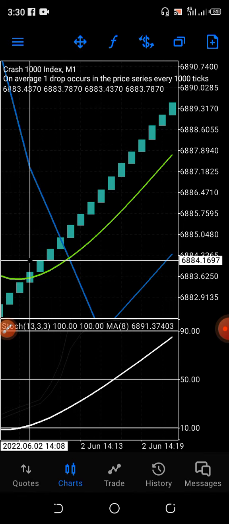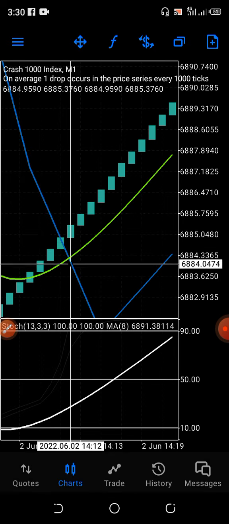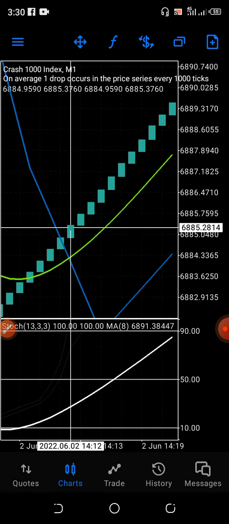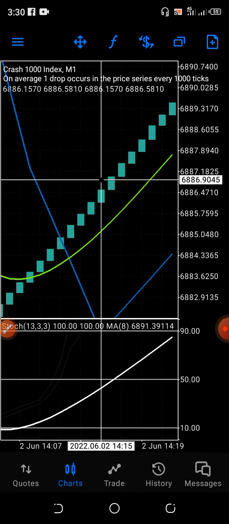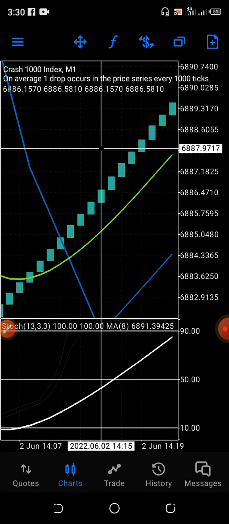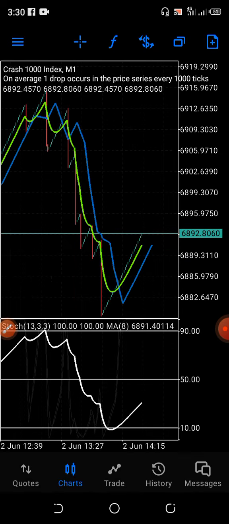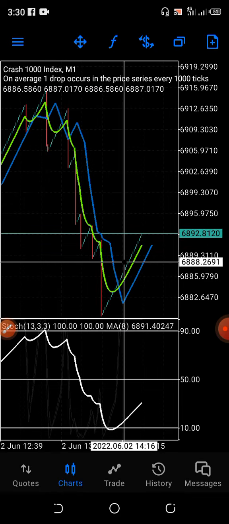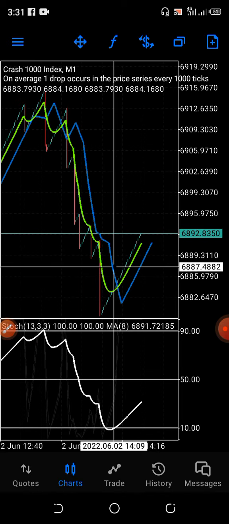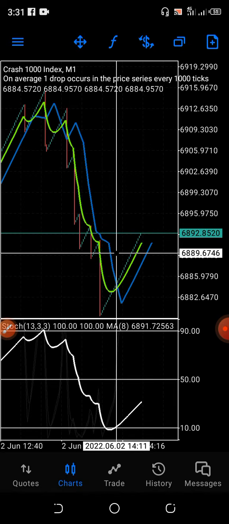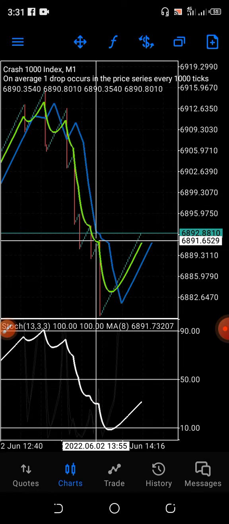So this is where it crossed, which means that after, we count 1, 2, 3, 4, 5, 6, 7, 8, 9, 10. A lot of them. Do you see that? So let's just count 1, 2, 3, 4, 5, 6, 7, 8, 9, 10, 11. So you must not wait for this thing to get to this resistance level before you close your trade.